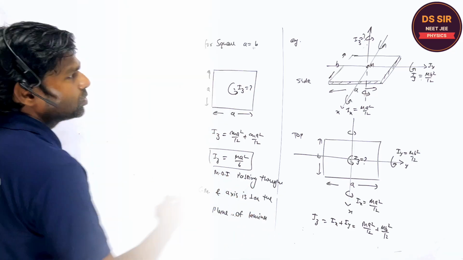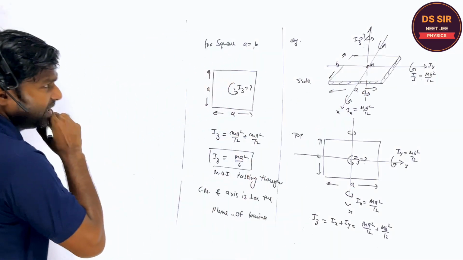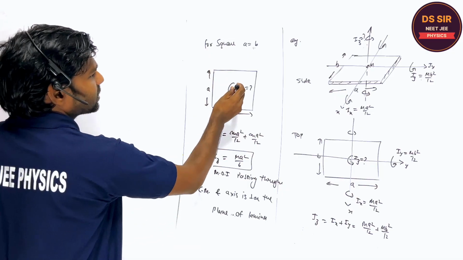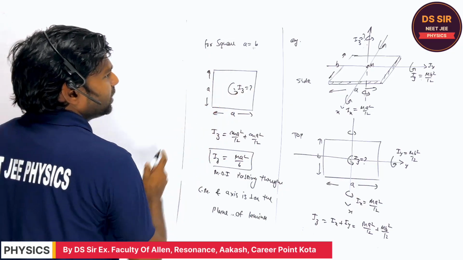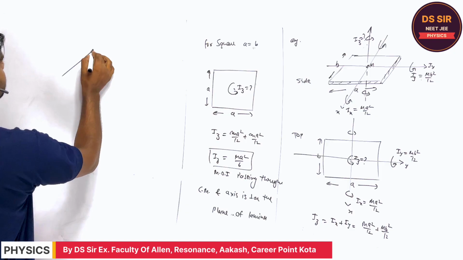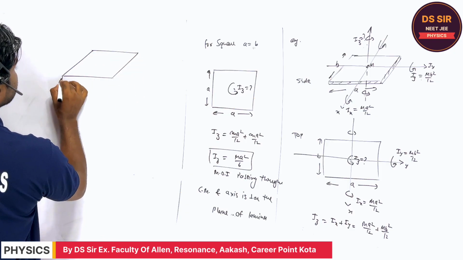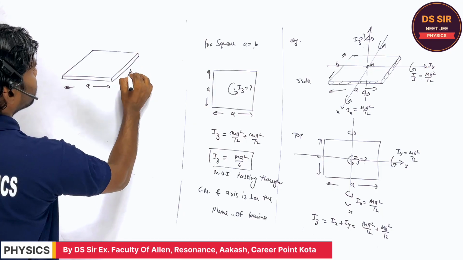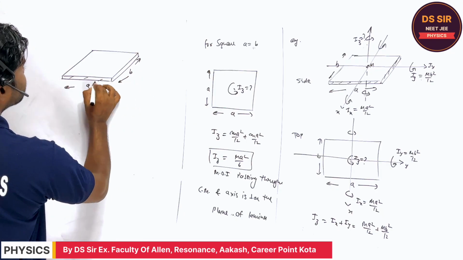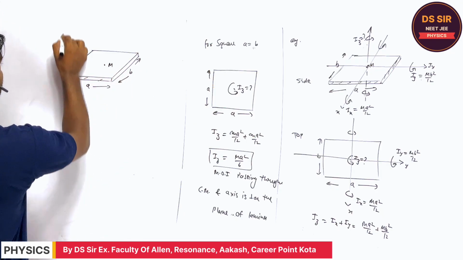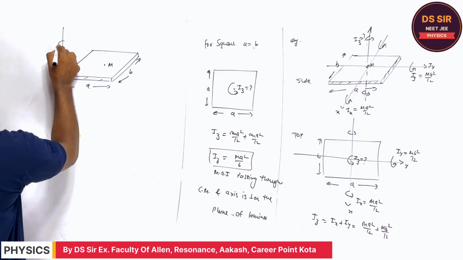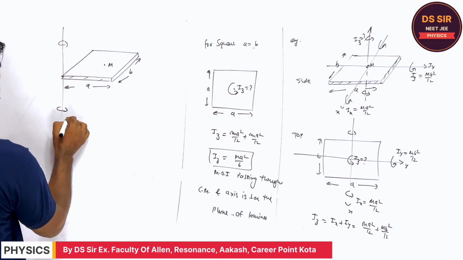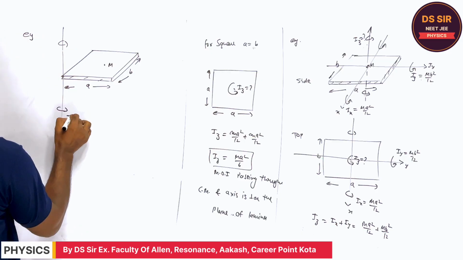So this is the case. You can find the moment of inertia about an axis passing through the center of mass perpendicular to the plane. But suppose this is a rectangular lamina of side A and side B, and the mass is m. If it rotates about this axis, can you find the moment of inertia?